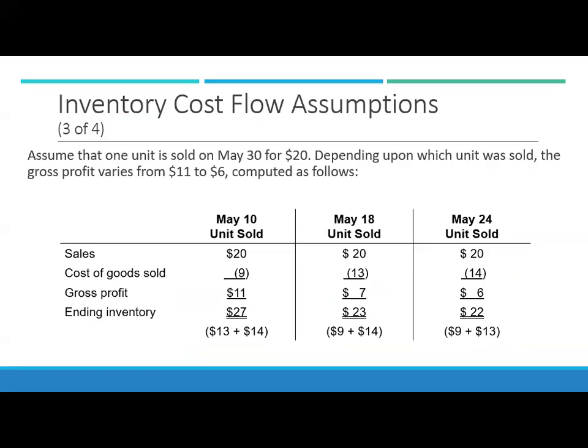If we take the $9 unit, then our gross profit is 11, our cost of goods sold is 9, and our ending inventory is 27 because that's 13 plus 14. Whereas if we take the most expensive unit, the $14 unit, then our gross profit is much lower at $6, and our ending inventory is also lower because we sold that $14 unit that's not remaining in ending inventory.